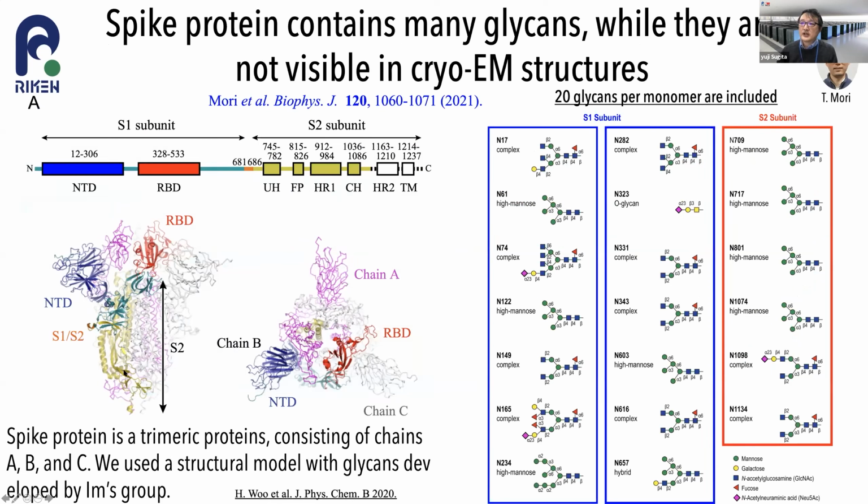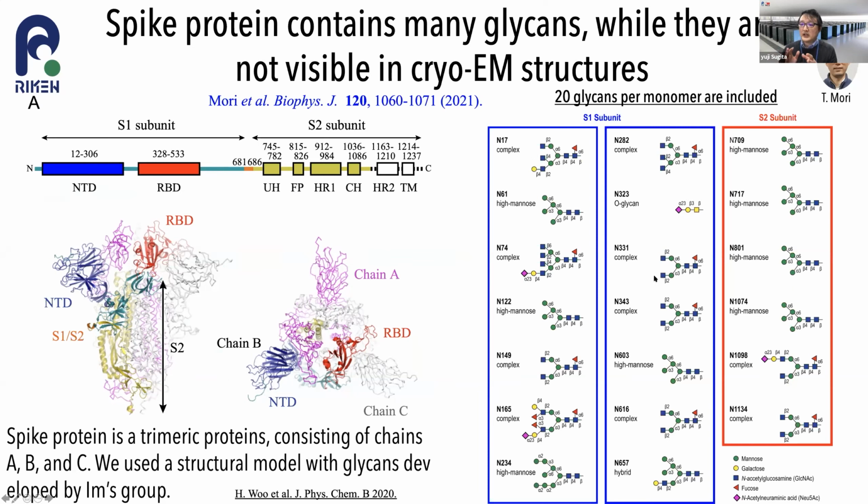This is a trimeric structure, meaning there are three chains. On the surface of this protein there are many glycans, shown like this. One chain contains 20 glycans, which affect the structure and dynamics. The glycan interaction is also important for antibody neutralization.